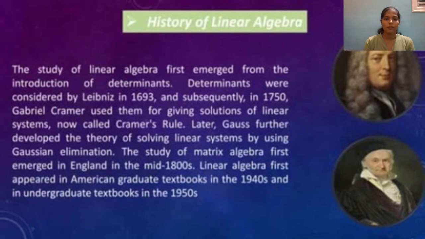Later, Gauss further developed the theory of solving linear systems by using Gaussian elimination. The study of matrix algebra first emerged in England in the mid 1800s. Linear algebra first appeared in American graduate textbooks in the 1940s and in undergraduate textbooks in the 1950s.